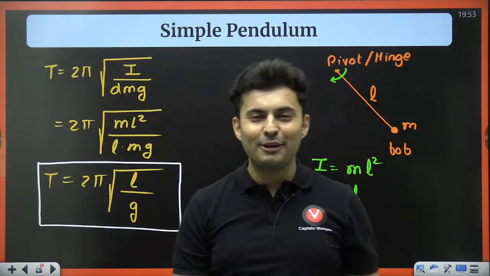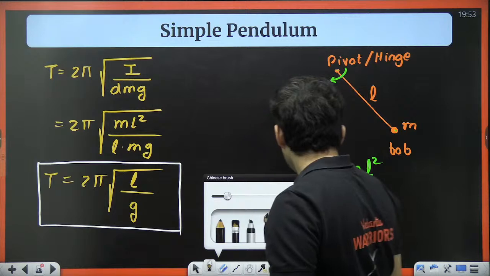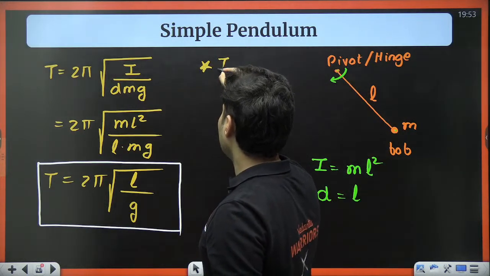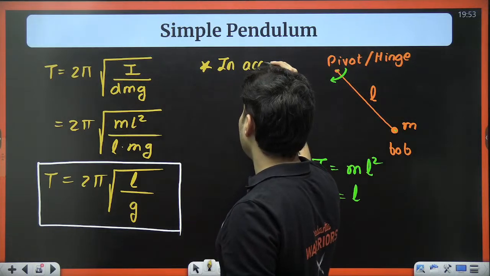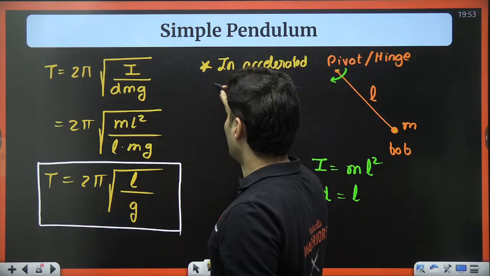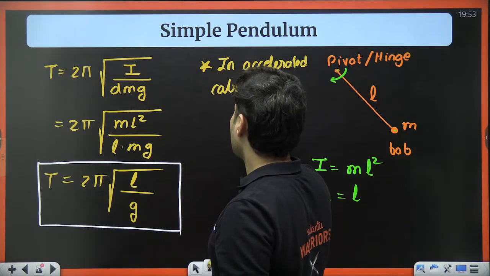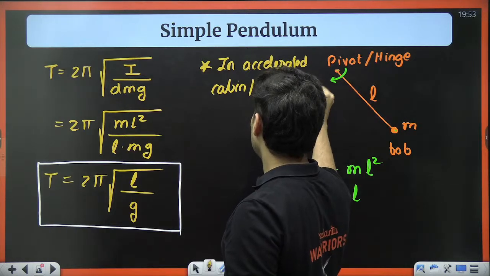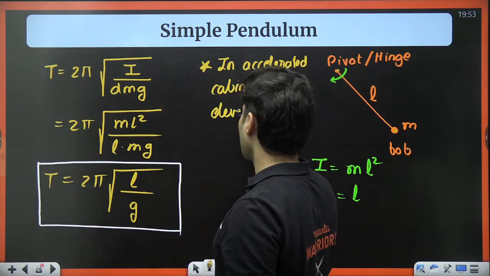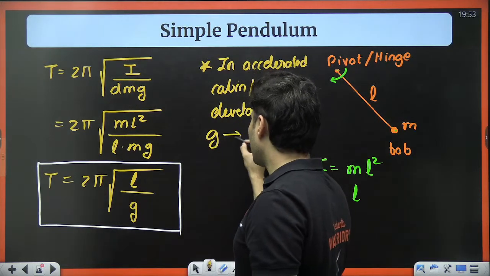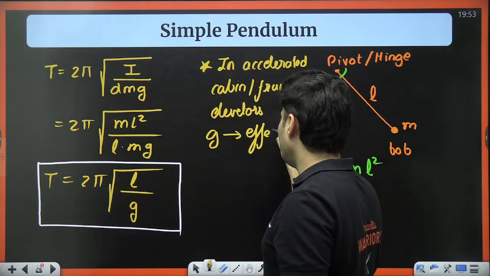L by g. Very, very useful. Remember a very important thing. Sometimes in an accelerated cabin, frame, or elevator, these kinds of questions, the g is actually the effective gravity.